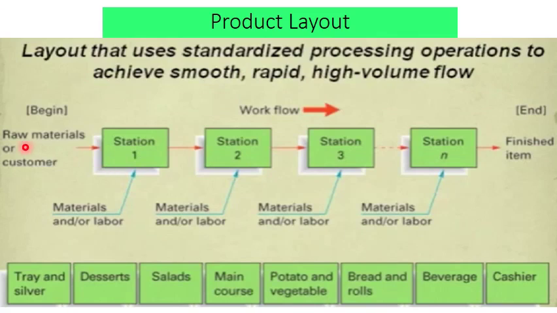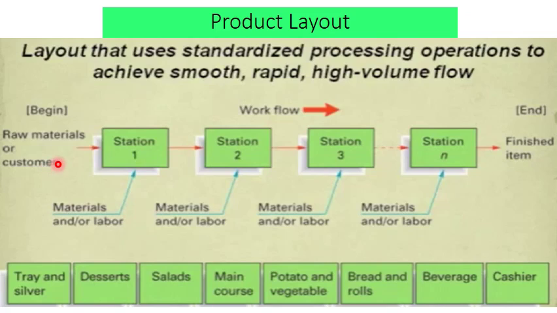This figure clearly shows the product layout. First, at the beginning, all the resources come together, and we enter into station 1. Then, after we finish at station 1, we pass to station 2, then station 3, and so on. Work is flowing from the beginning to the end.